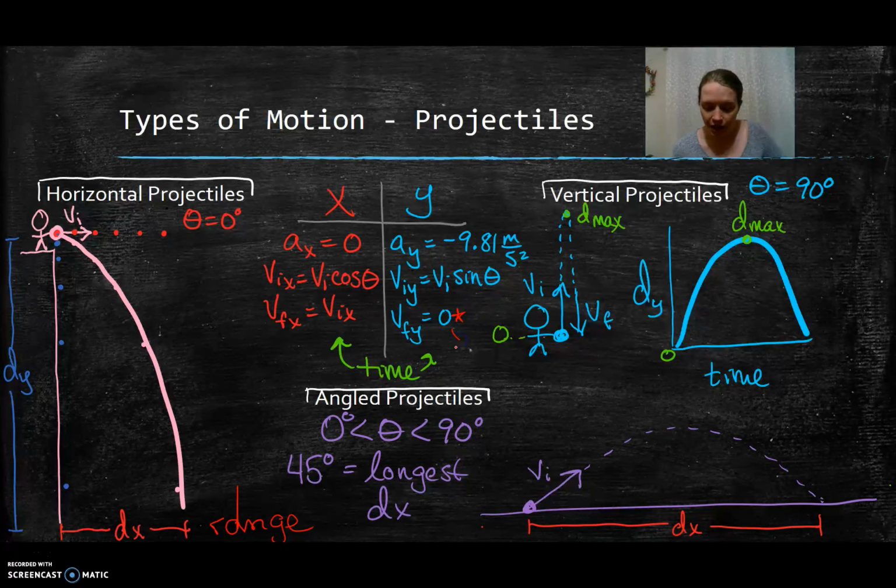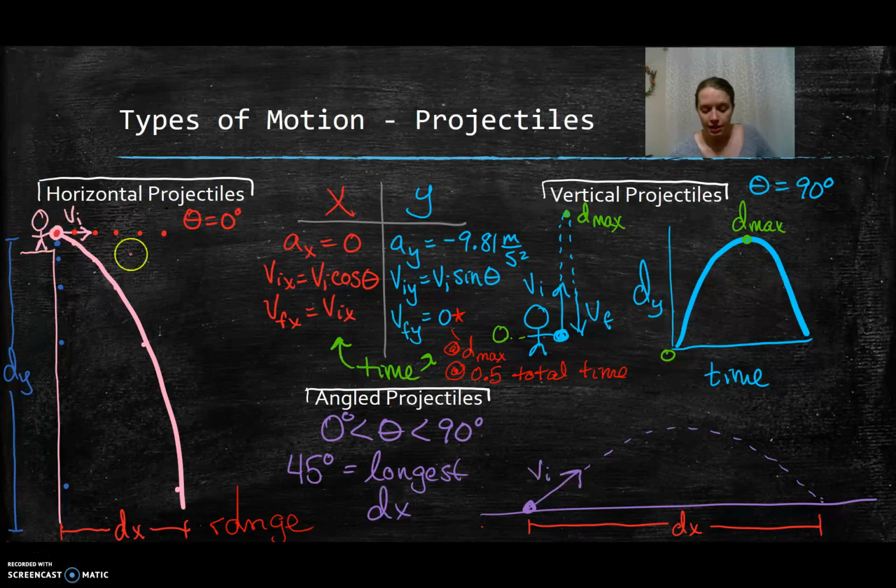So Vf is 0 at d max y and at half of the total time in the air. So this symmetry is super useful because it also tells us that at the end of the flight, at the total time, Vfy equals negative Viy.